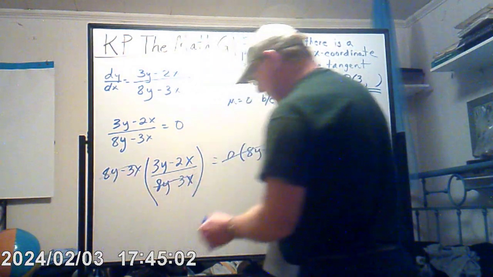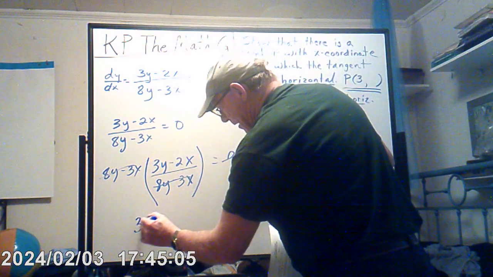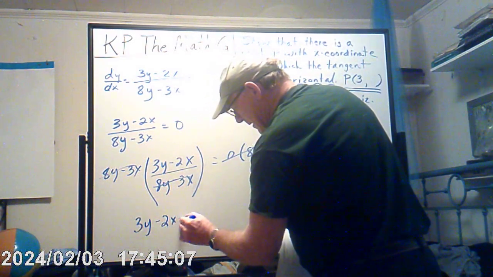This divides out, so now this is really 3y minus 2x equals 0.